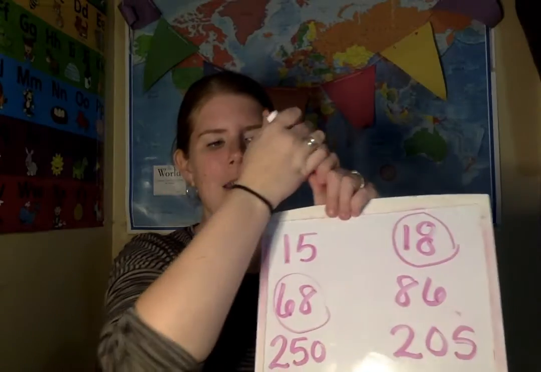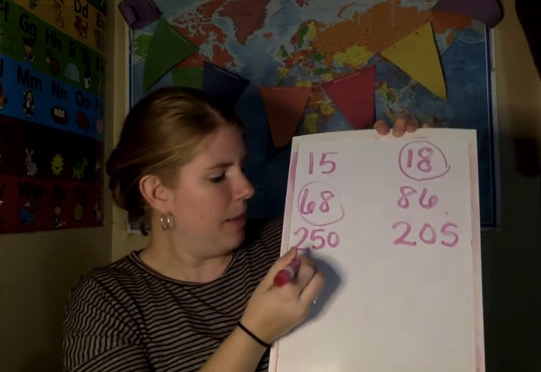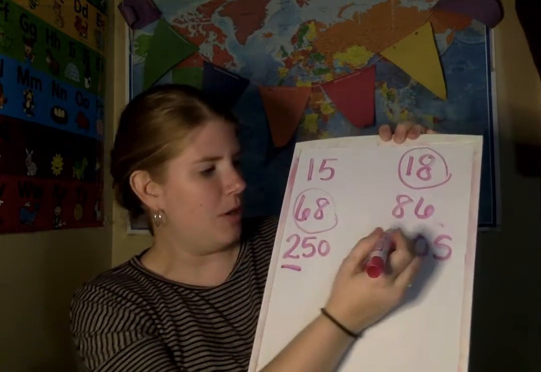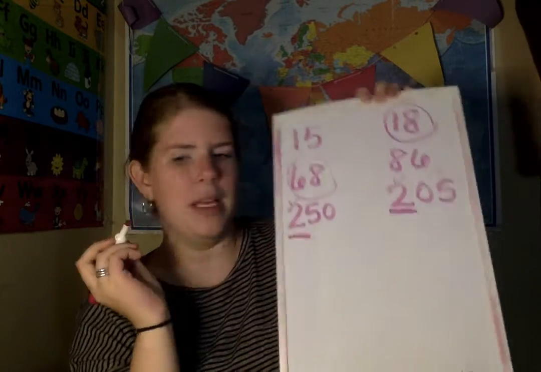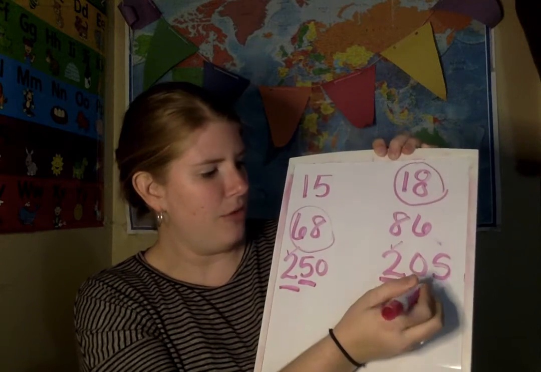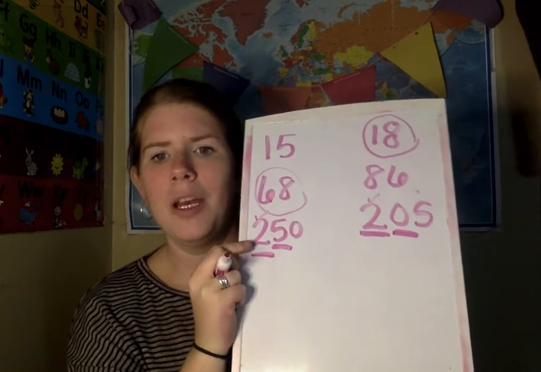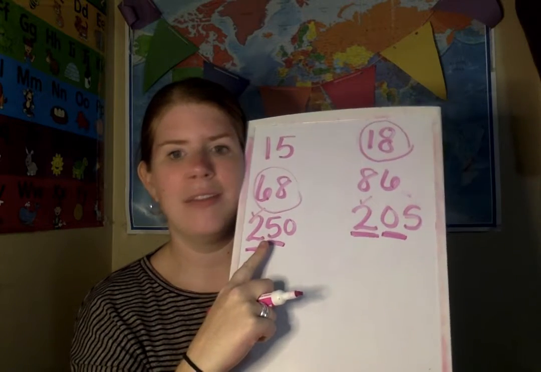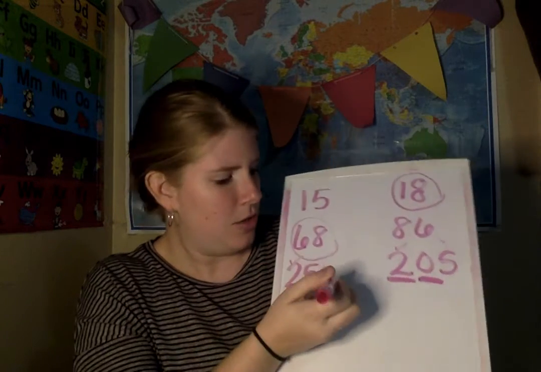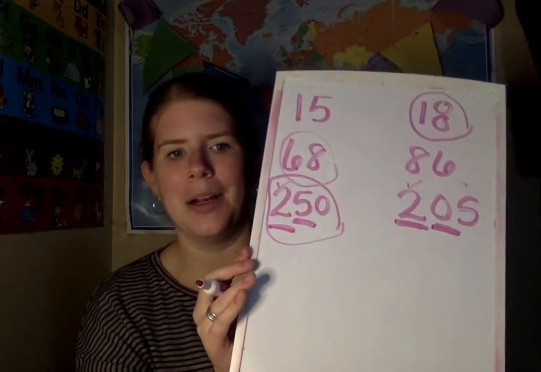We know that because both of them have a 2 in the hundreds place. Good, so they're the same. They're even with the 2 in the hundreds place. Okay, let's look in the tens place. This one has a 5, and this one has a 0. And when you have 5 tens, that is way bigger than 0 tens. So 250 is our bigger number.